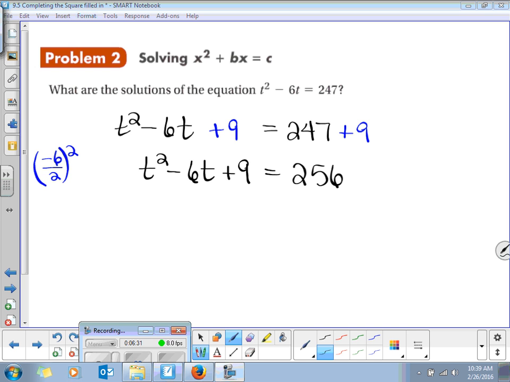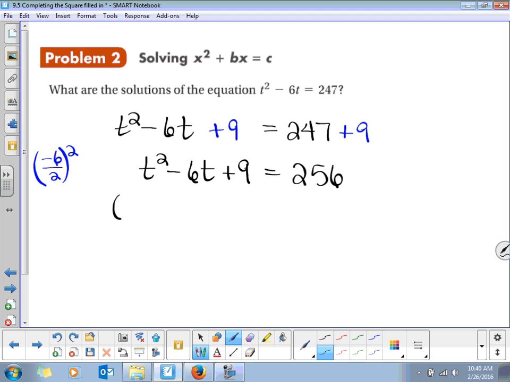Now, because we have a perfect square trinomial on this side, we can factor it into our two binomials. What can my two binomials be? Well, we've got t squared, which is t times t. What times what equals 9? 3 times 3 equals 9.